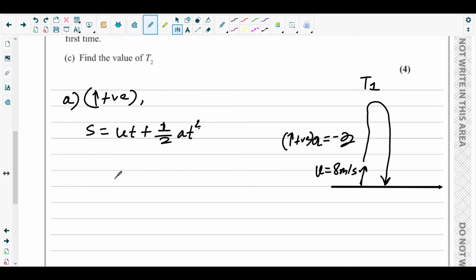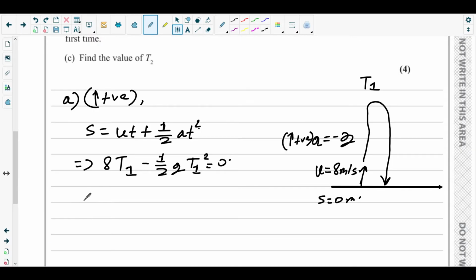In kinematics we should know at least three terms from SUVAT. Since the small ball has been projected from the ground and reaches the ground again after t1 seconds, the displacement would be 0 meters. So ut is 8t1, plus minus half g t1 squared.